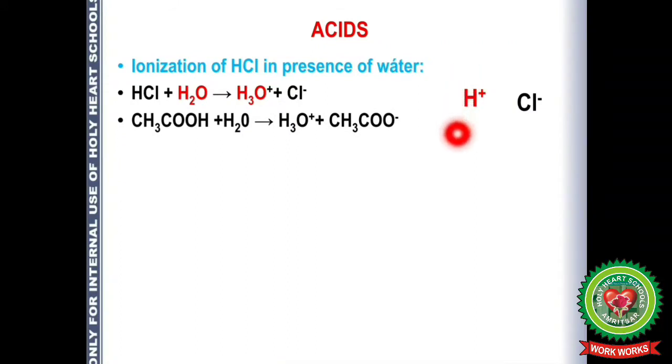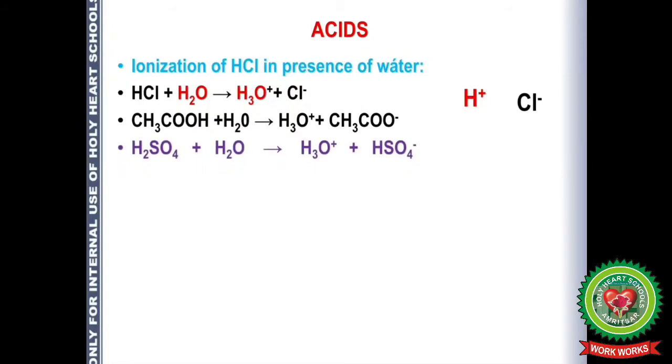The H positive which is formed here will react with water, combining with it to form hydronium ion. Similarly, the next example is acetic acid. Acetic acid also in a similar manner, in the presence of water, forms acetate ion and H positive ion. The H positive ion combines with water and forms hydronium ion.